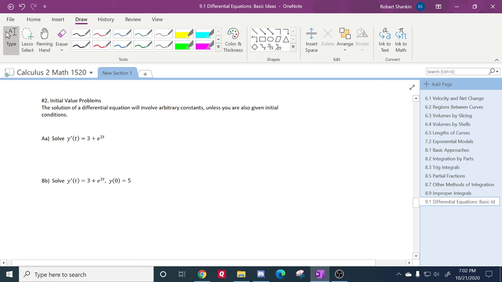The solution of a differential equation will involve some arbitrary constants, unless you were also given initial conditions. So let's look at this first one. Y prime is equal to 3 plus e to the 2t.